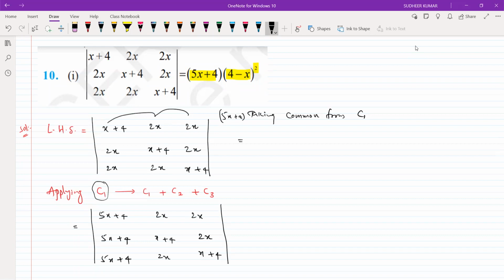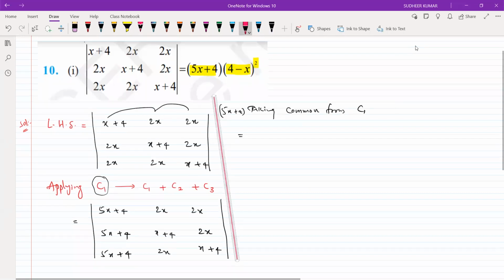Then we get this result. So this can be written as 5x plus 4 times, use the bracket, and 5x plus 4 taken common.